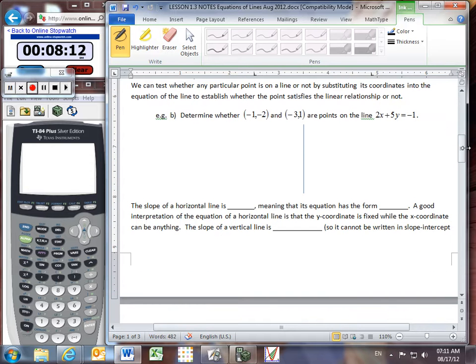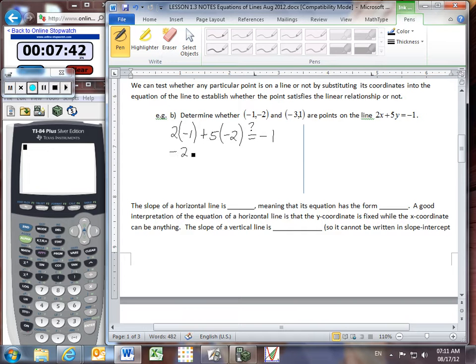Alright, we can test whether any particular point is on a line or not by substituting its coordinates into the equation of the line, so we can establish whether the point satisfies this linear relationship or not. So let's see whether the point negative 1 comma negative 2 is on this standard form line. Let's substitute in the x-coordinate, and we'll substitute in the y-coordinate, and let's see if this is a true equation.